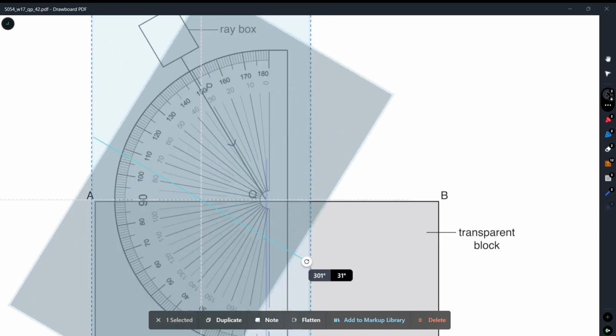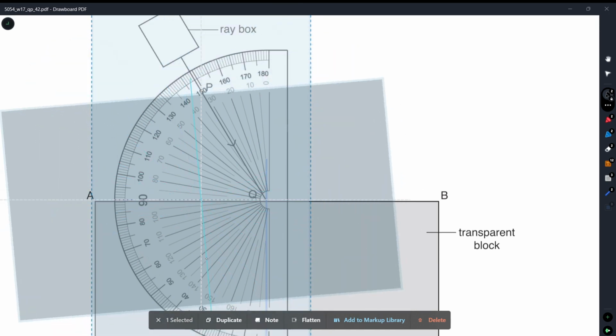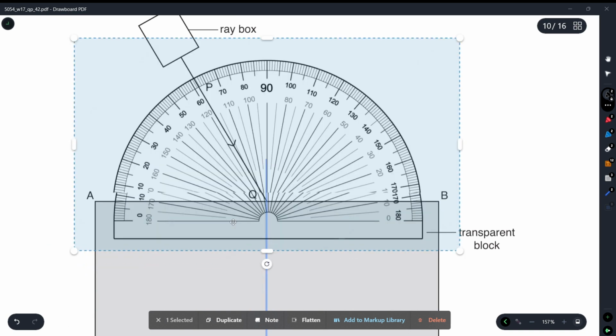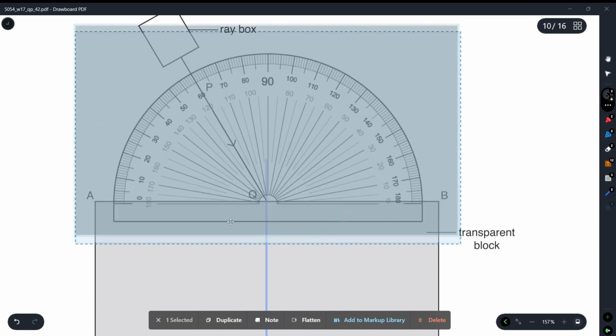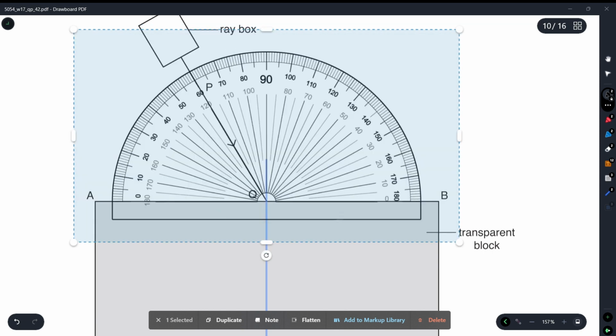Okay, actually I can just put it like this. That's going to be better. Yeah, that's better.